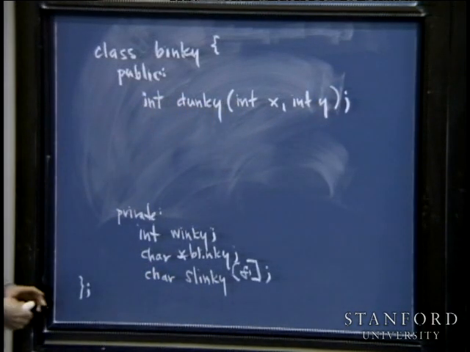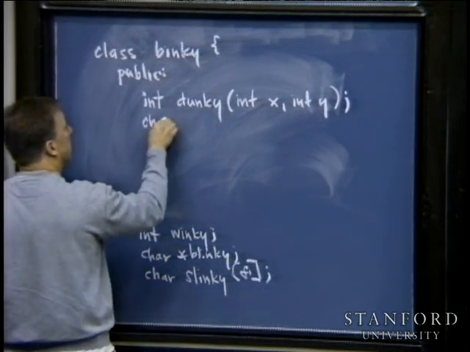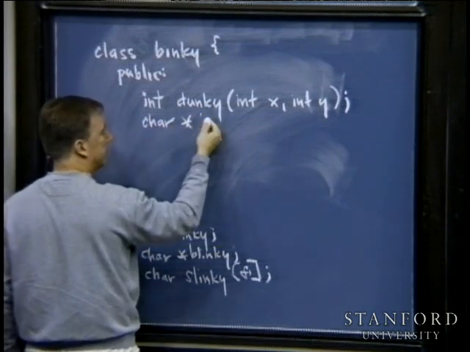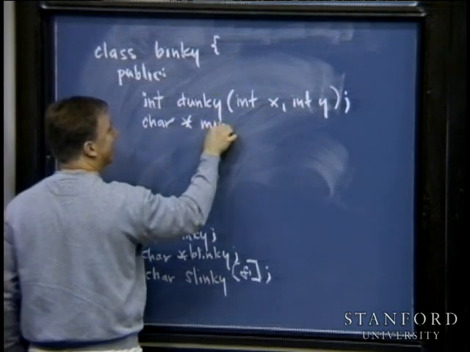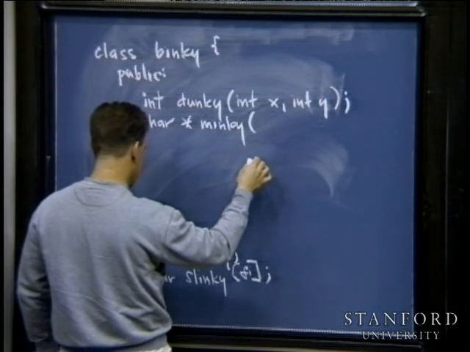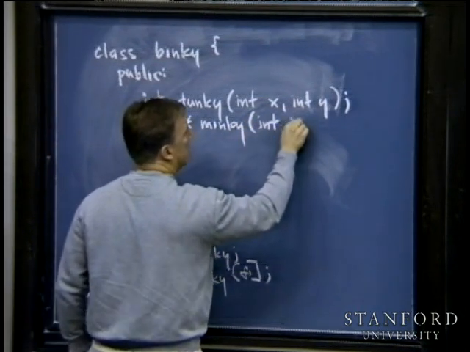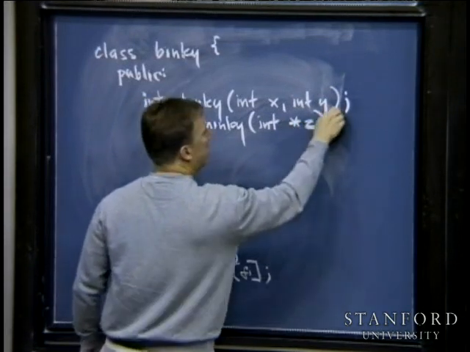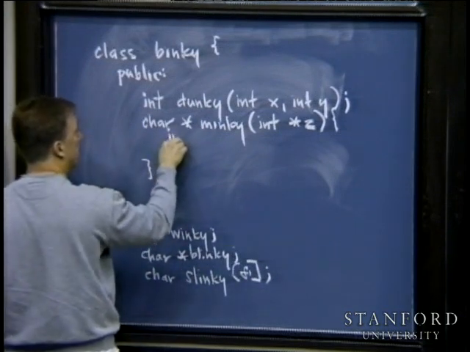And let me actually declare another method, char star. I'm running out of consonants. Minky. And all I want to do is pass in an int star called z, and I will inline the implementation of this thing to do this.